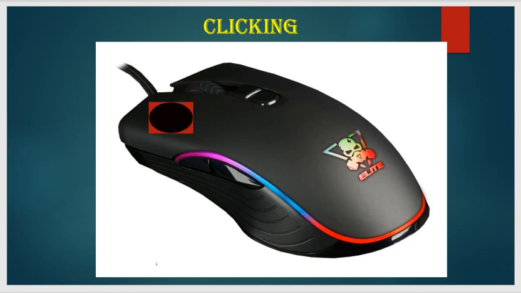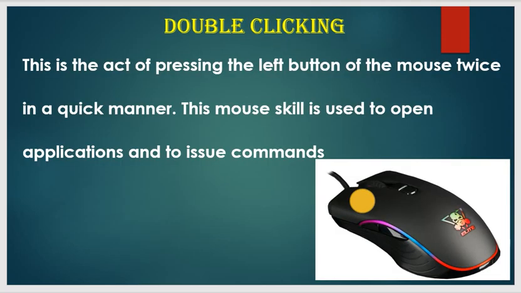Now the next one, we have what we call double clicking. And as the name appears, double means two. So double clicking is the act of pressing the left button of the mouse twice in a quick manner. If you're able to press the left button twice in quick succession, you can refer to that as double clicking.